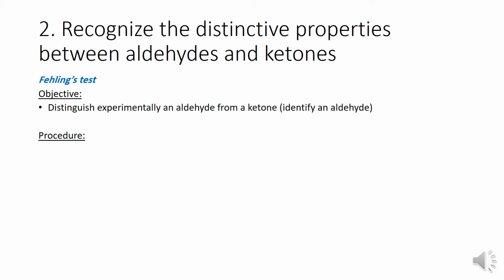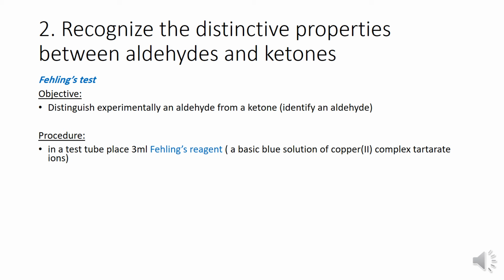The procedure is the same. In a test tube, place 3 milliliters of Fehling's reagent. The medium is basic, a basic blue solution of copper 2 complex tartrate ions. You add 1 milliliter of a carbonyl compound, aldehyde or ketone.